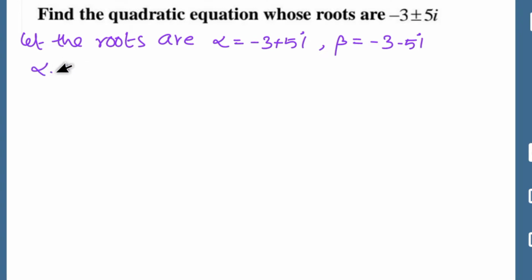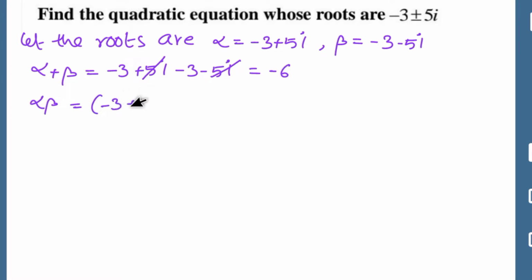First of all find the sum of the roots. What is sum of the roots? Minus 3 plus 5i minus 3 minus 5i. So plus 5i minus 5i cancel, minus 3 minus 3 is minus 6. Next product of the roots: minus 3 plus 5i into minus 3 minus 5i.